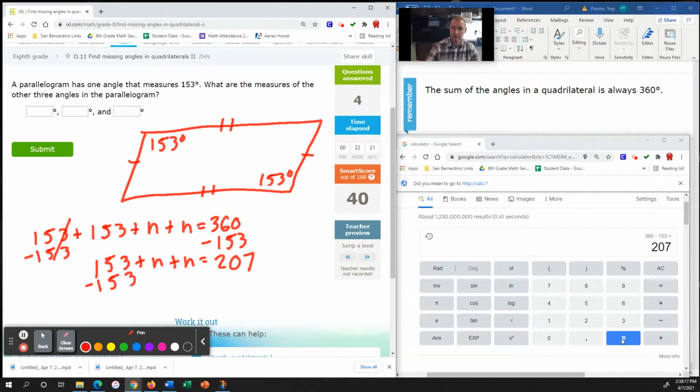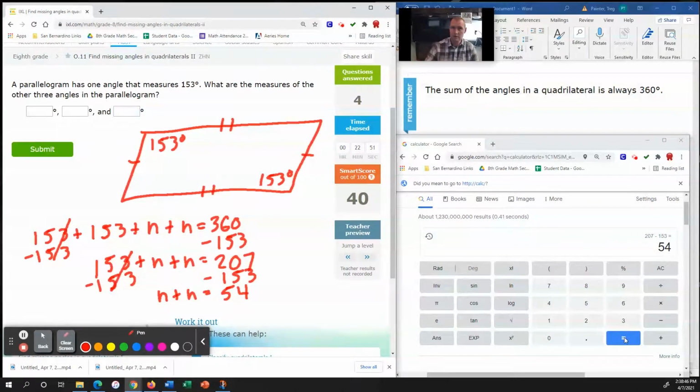So 153 got to go, minus 153. So here we go, 207 minus another 153. Careful as you type it. Gives us a missing length of 54. So 153s are out. N plus n equals 54.